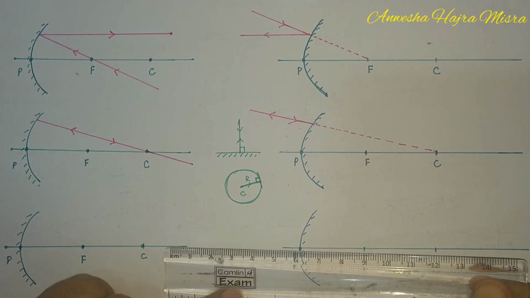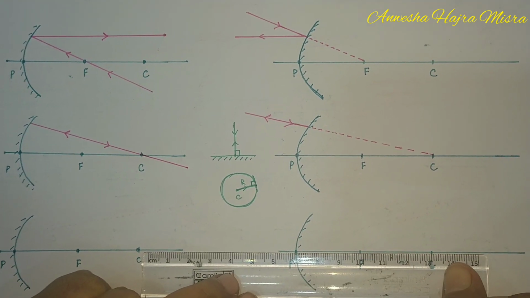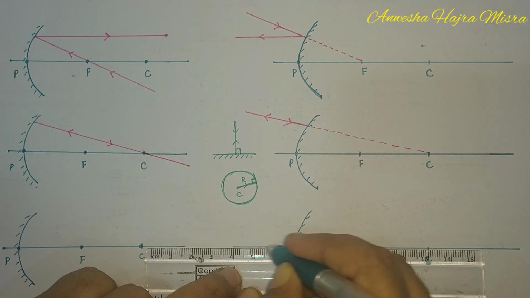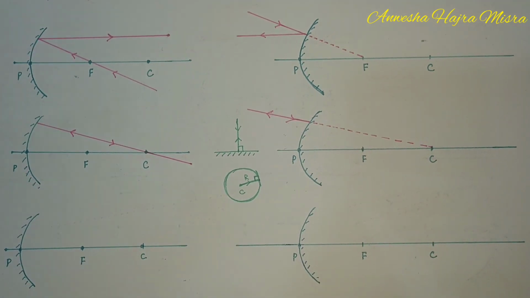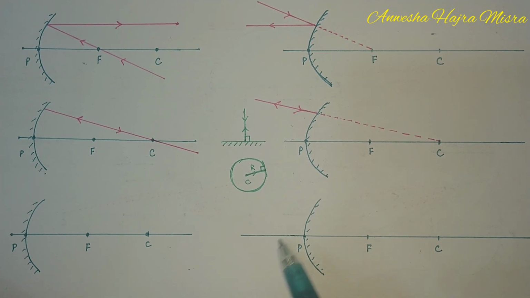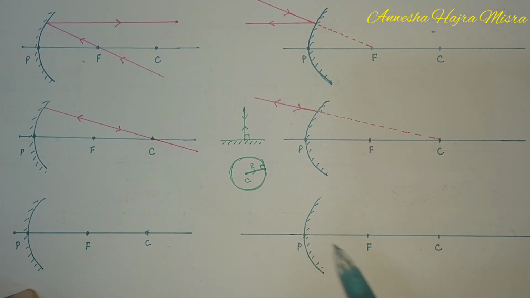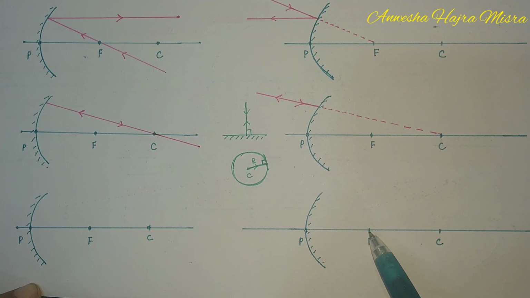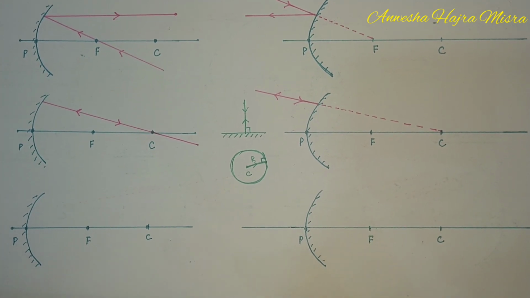Children, you people always make a mistake for a convex mirror while drawing: you draw the center this side. Why? If you complete the sphere, center will be this side and focus will be here. Don't make a mistake. Remember.